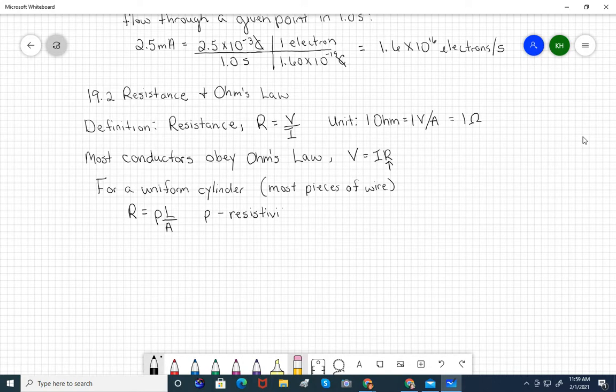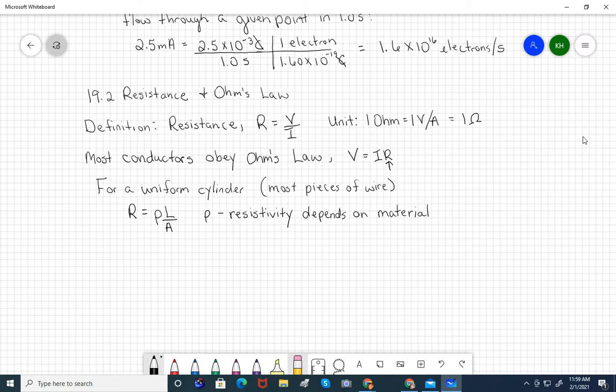Resistivity is basically just found experimentally, and then it's put into tables so you can just look it up. And it depends on the material. Metals, silver, copper, aluminum, gold, they have very, very low resistivities. That makes them excellent conductors.